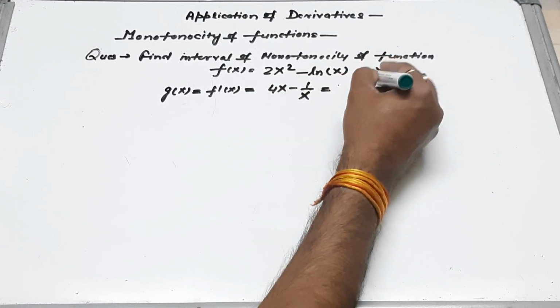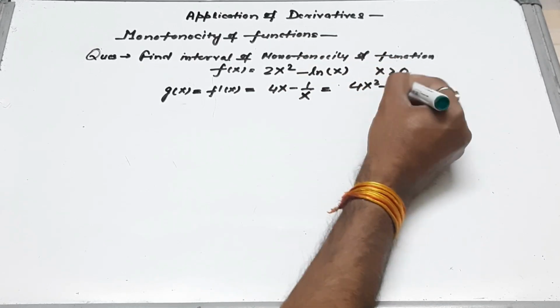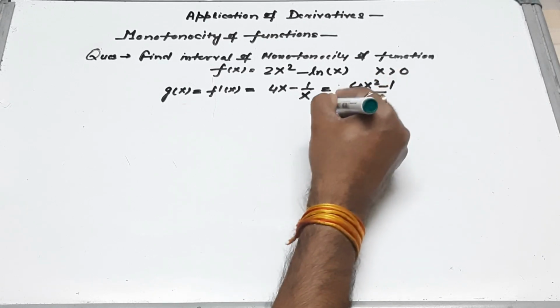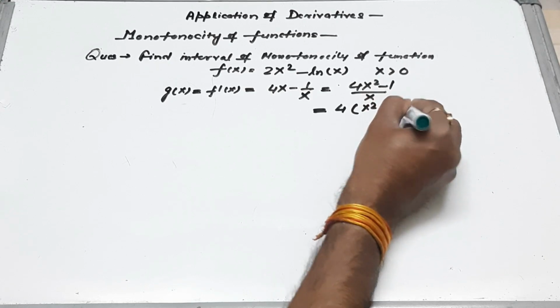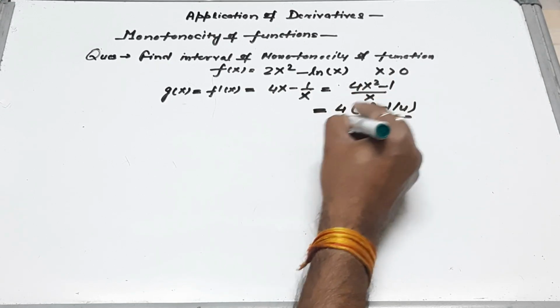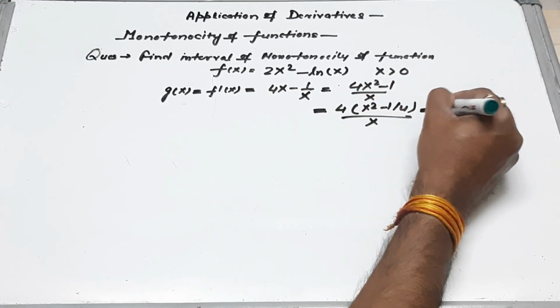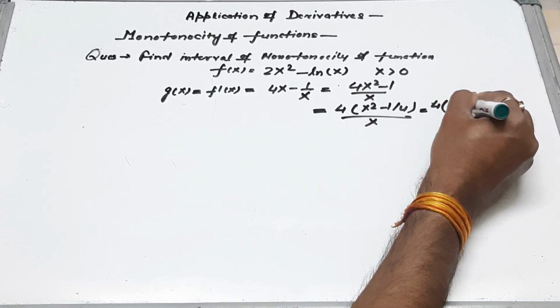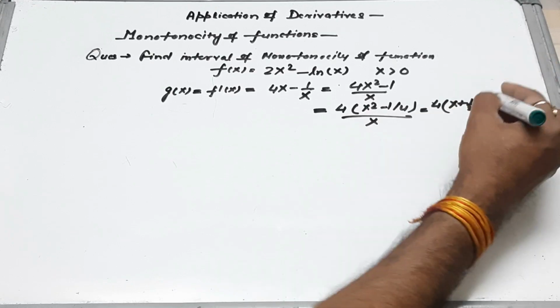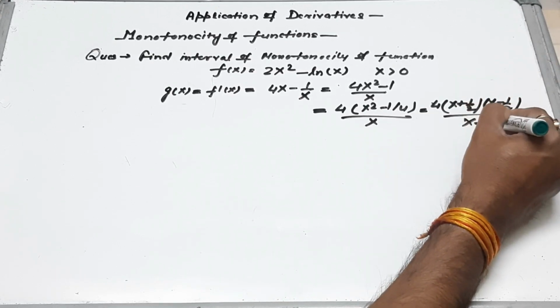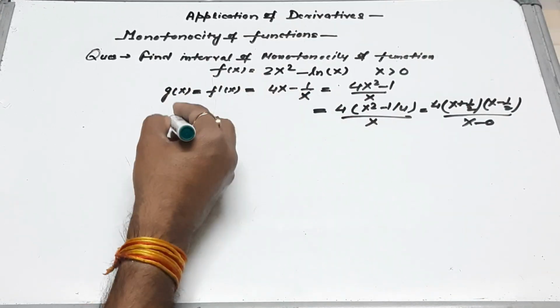And once you do this, 4x² − 1 over x, this is equal to 4 times (x² − 1/4) divided by x, and this is equal to 4(x + 1/2)(x − 1/2) divided by (x − 0). So we will find out the critical points.